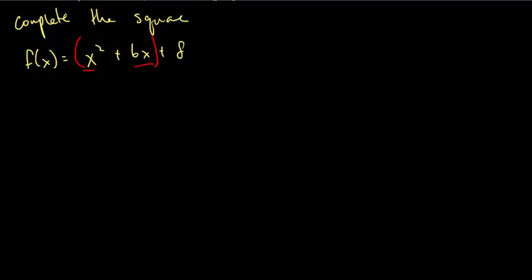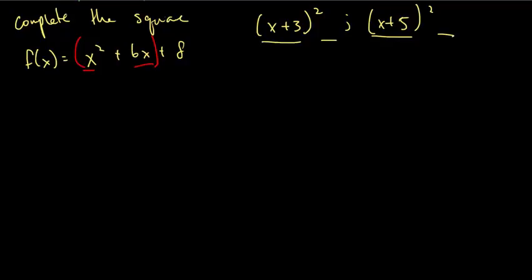For example, a perfect square would be x plus 3 squared, or x plus 5 squared, where you don't have a constant sticking out. For example, if you have x plus 3 squared plus 1, then it wouldn't be a perfect square. So how do we make this into a perfect square?